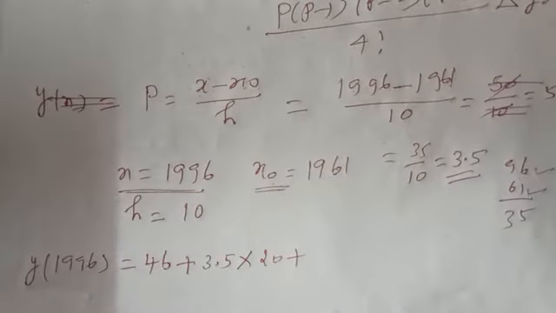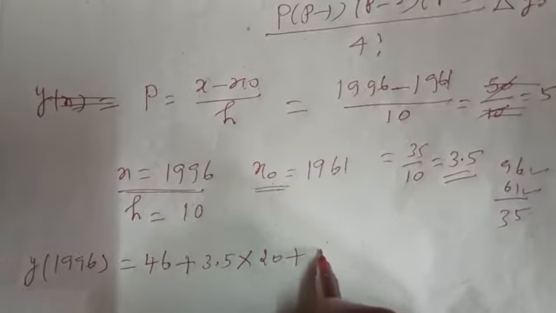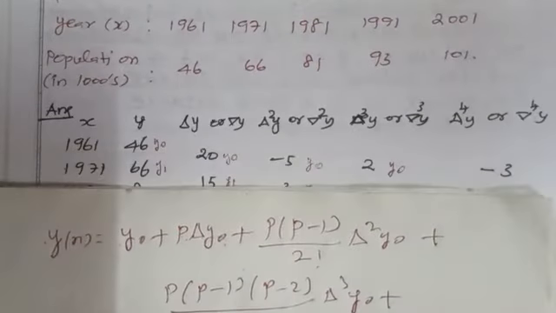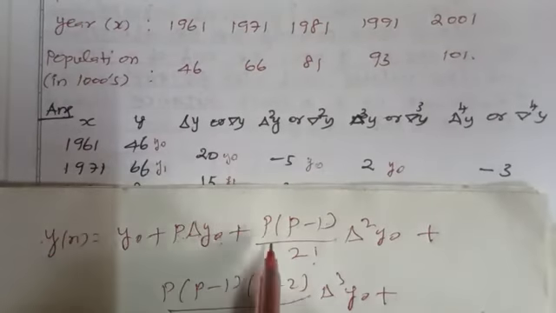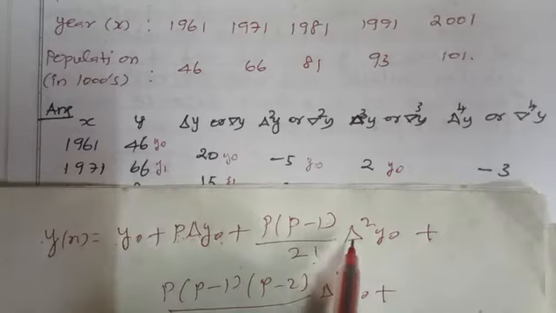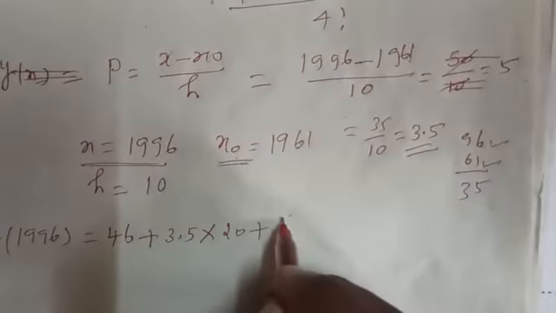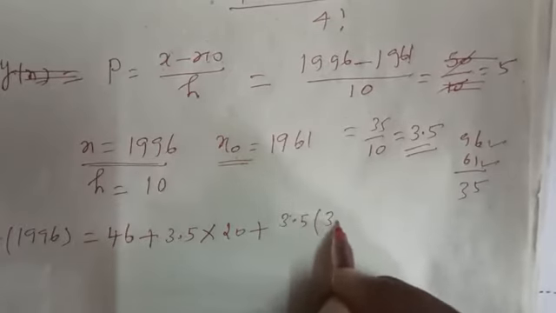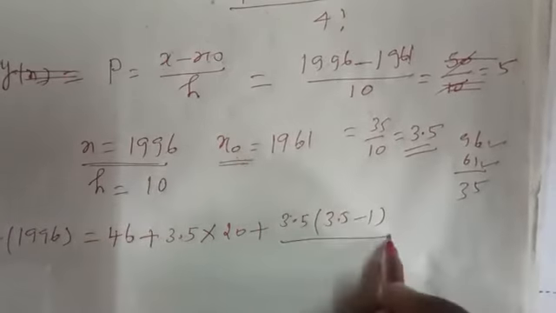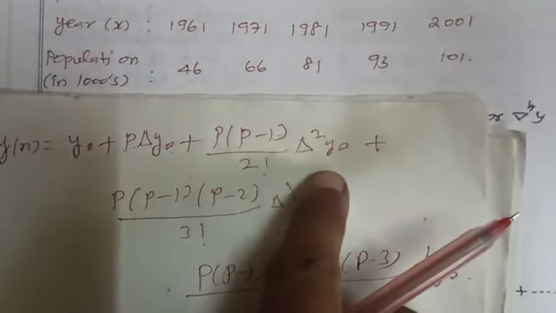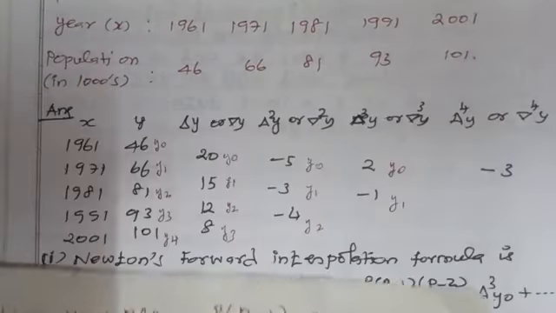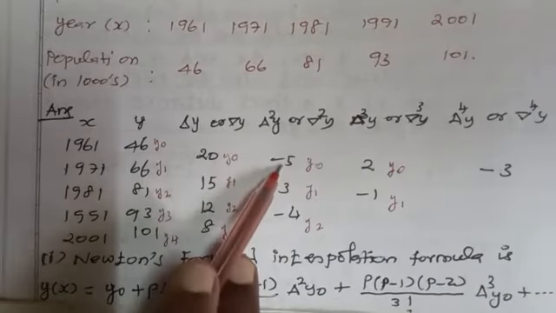Plus p into p minus 1 divided by 2 factorial into delta square y naught: 3.5 into 3.5 minus 1, divided by 2 factorial, which is 2, into delta square y naught. In the tabular column, delta square is minus 5.